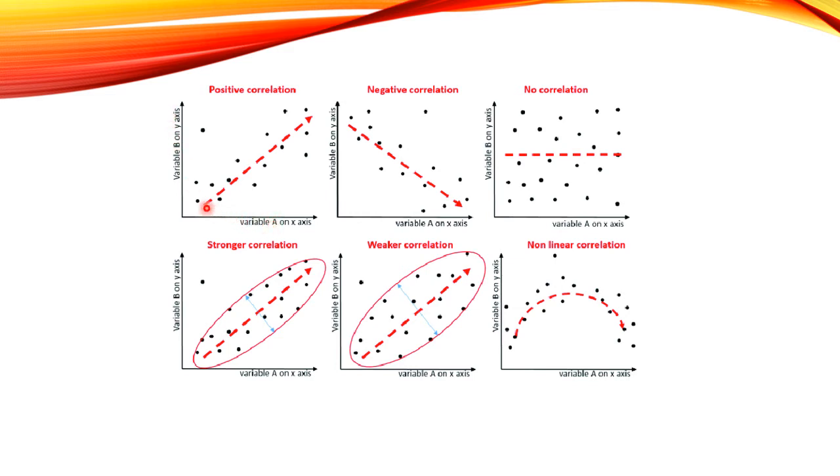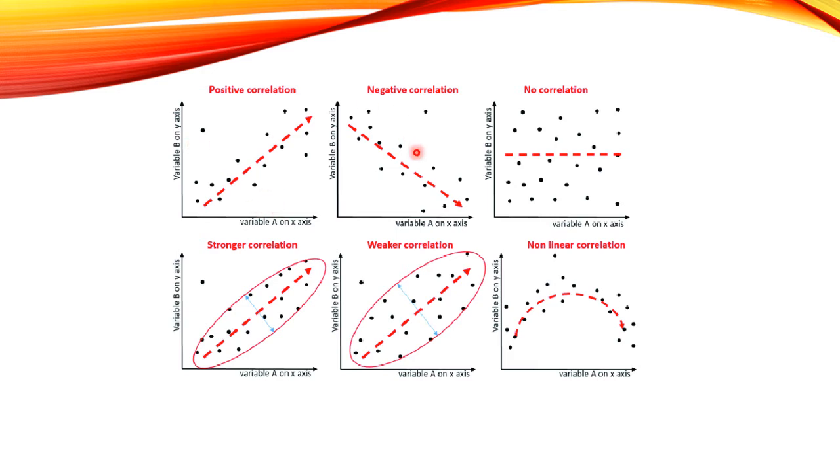That says as the value of A increases, B also increases in parallel. Considering this point, these are the 2 values for A and B. If I shift to here, the value of A has increased and the value of B also has increased. So there is a plus increment in both axes, and we can say those two behave positively.